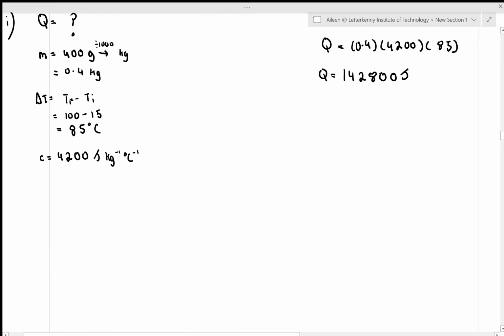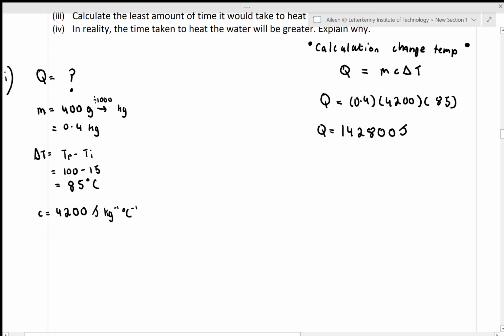So the energy supplied per second is actually the power value. Energy per second, joules per second. This is equal to your power.